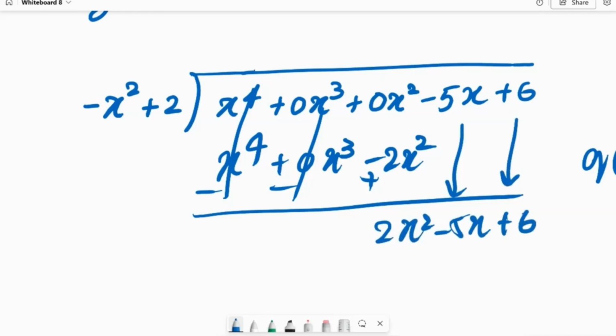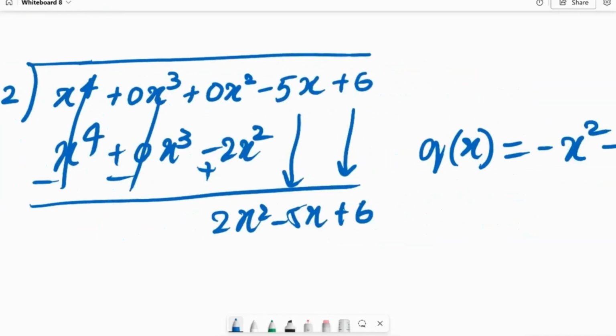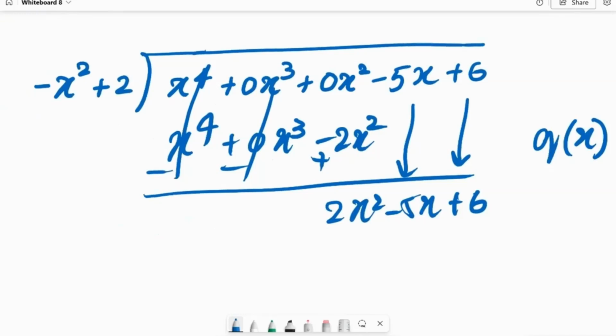Next, what do we need to multiply to minus x square to get 2x square? We need to multiply minus 2, right? So if I multiply by minus 2 into minus x square, I would get 2x square. So this will be 2x square, and plus 2 into minus 2 is minus 4, and this would be 0x.